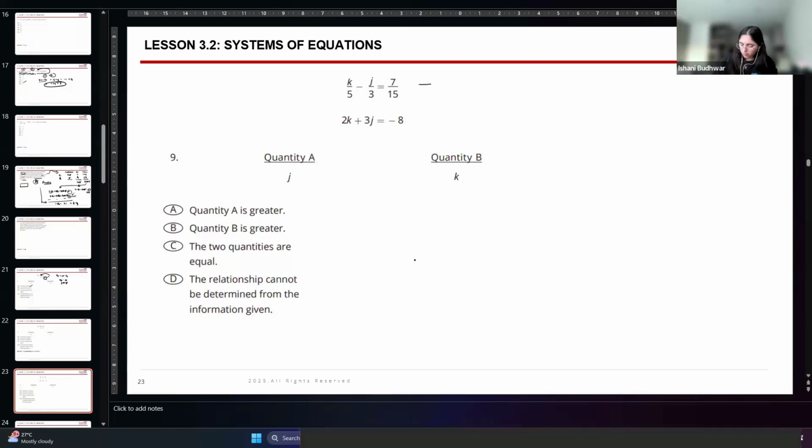The first equation can be slightly modified. I will multiply by 15 on both sides, which is the LCM of all the three denominators, 5, 3, and 15. So multiplying by 15 on both sides, I get 3k minus 5j equal to 7.